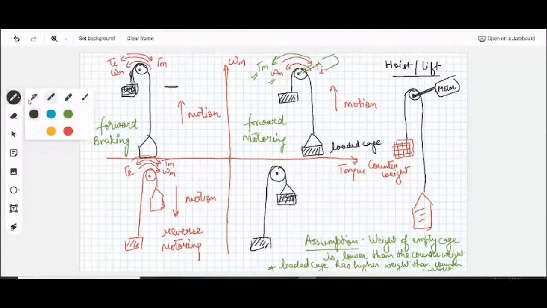Now they want to come down, right? This is the case. Now for this case, can you tell me in which direction the speed should be? In which direction your motor should rotate? Clockwise or anti-clockwise?